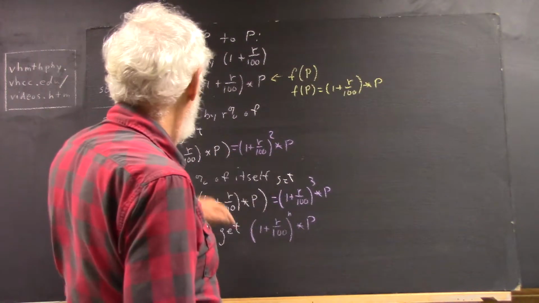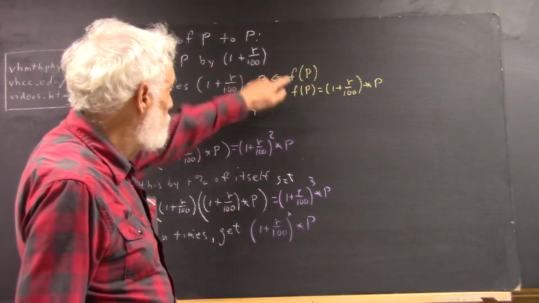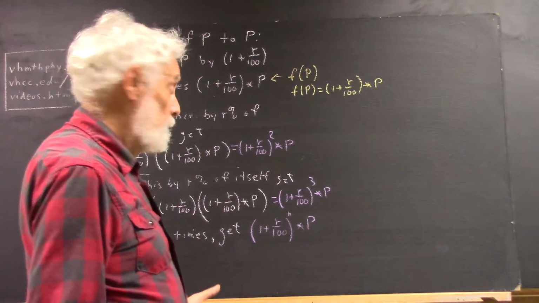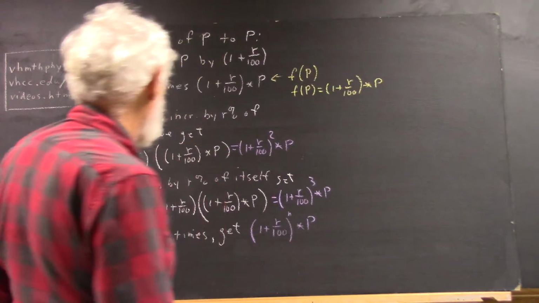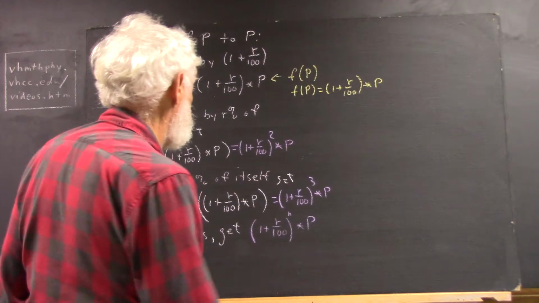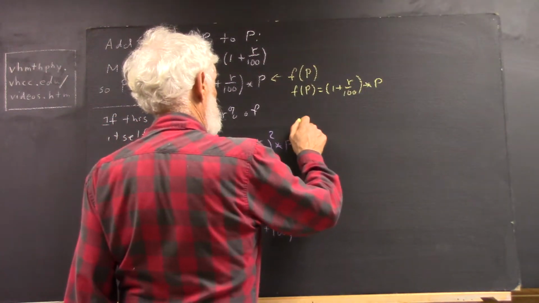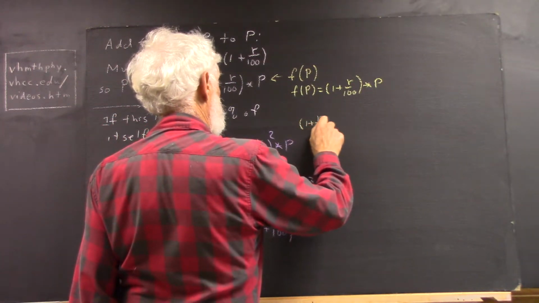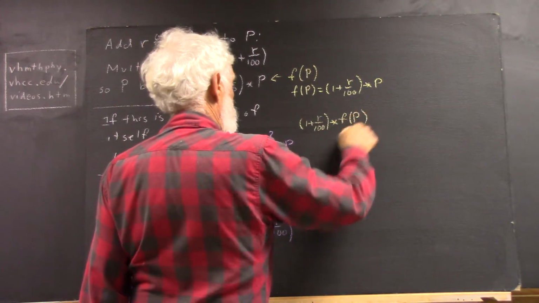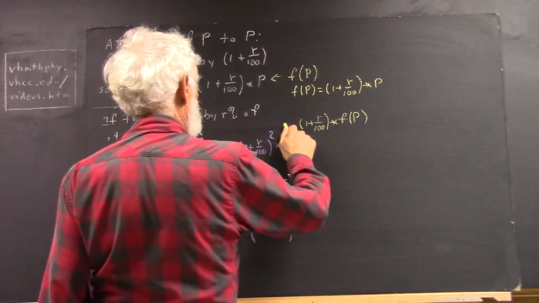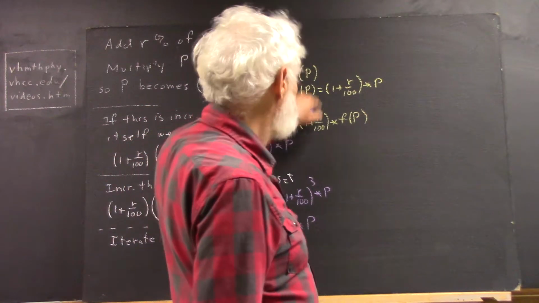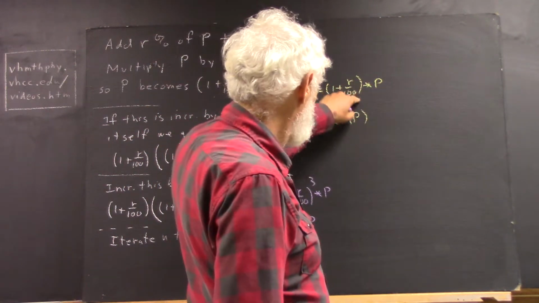What have we done here? We've increased f of p by r percent of itself. Now we could call that 1 plus r over 100 times f of p. Of course, that's 1 plus r over 100 times 1 plus r over 100 times p, since this is what f of p is.